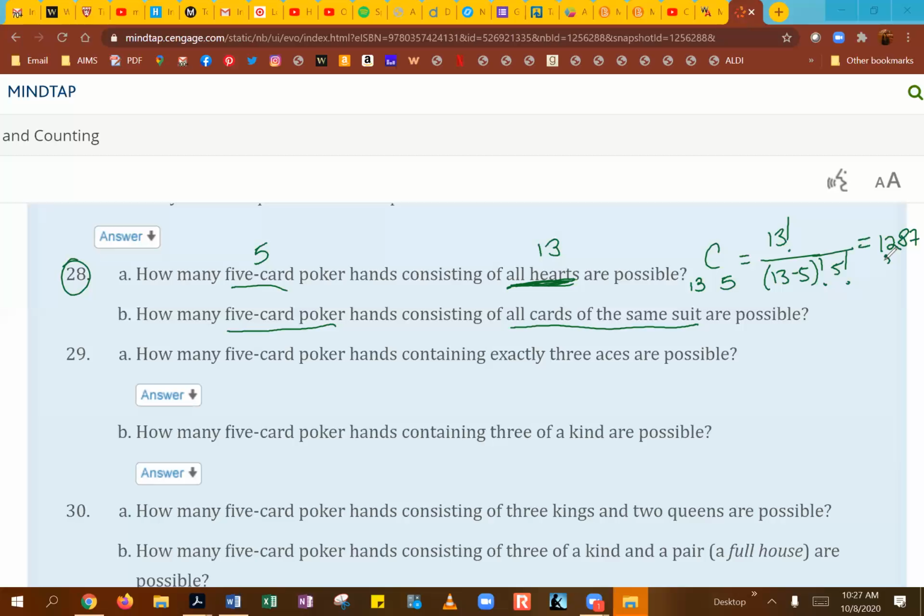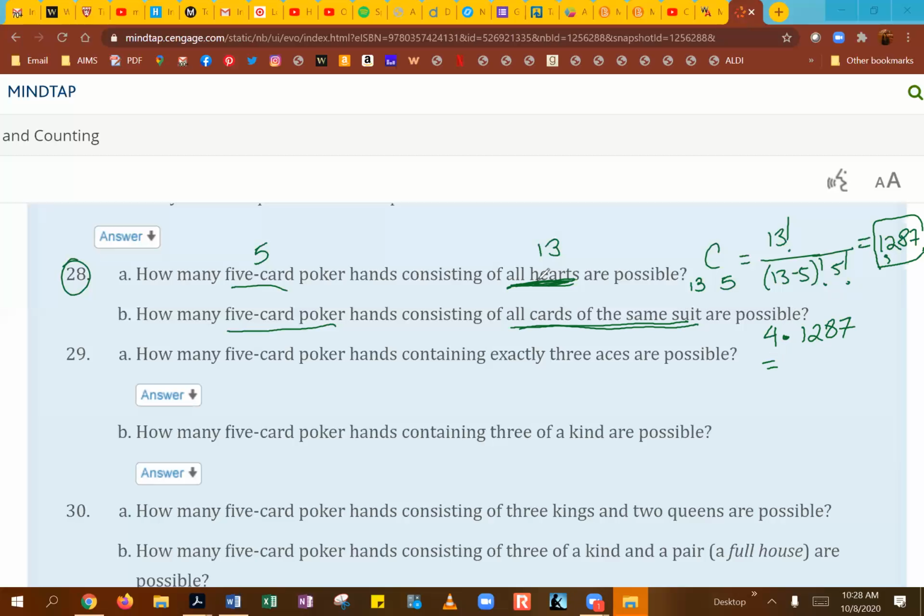So we know for one suit it's going to be 1287, and since there are 4 different suits for part B, you are actually taking 4 times this 1287 to come up with how many different possibilities, because we know for one suit it can be 1287, because we could have changed that hearts to clubs or diamonds or spades as easily, and the calculation would still have been the same.